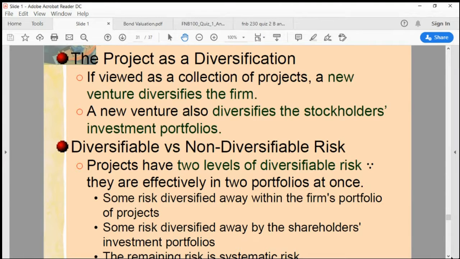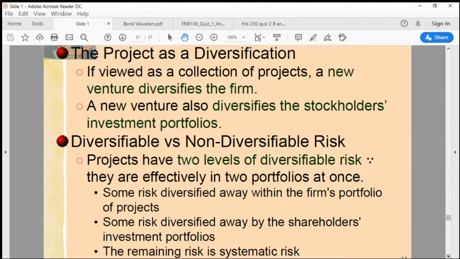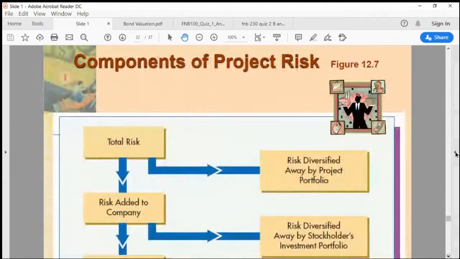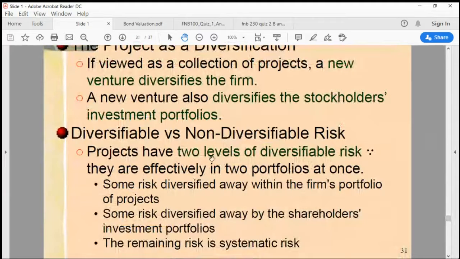Now from principles of finance, we all know there are diversifiable and non-diversifiable risk, right? Non-diversifiable risk is called systematic risk, right? The projects have two levels of diversifiable risks because they are effectively in two portfolios at once.